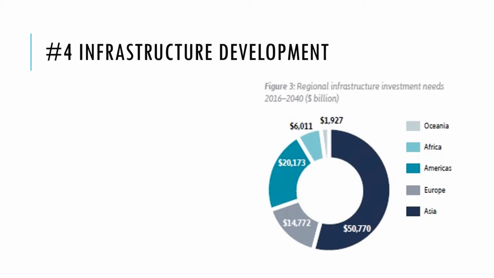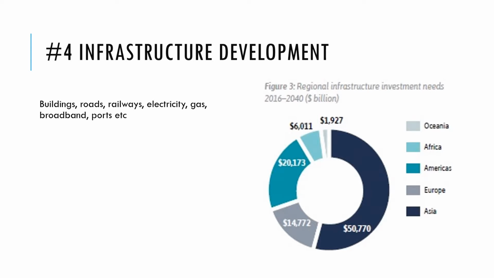The fourth strategy the government may try is to develop infrastructure. This little chart on the right hand side shows you that there's a large potential infrastructure requirement, particularly in Asia and some African countries as well, the light green.